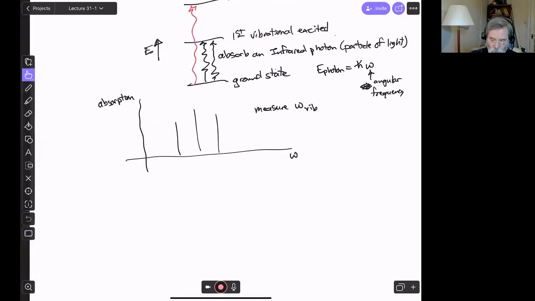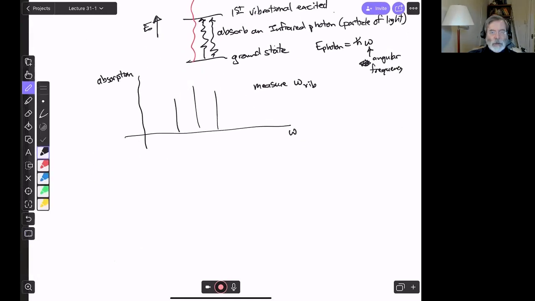Okay, let's do one more example using the equipartition theorem, which is the heat capacity of solids. So we're going to model a solid. Each atom in the solid is in an equilibrium position. That's the definition of a solid.